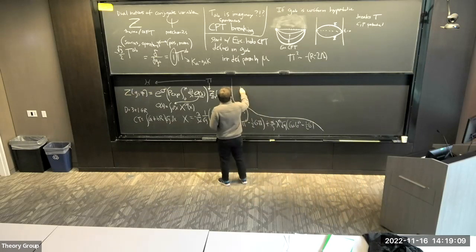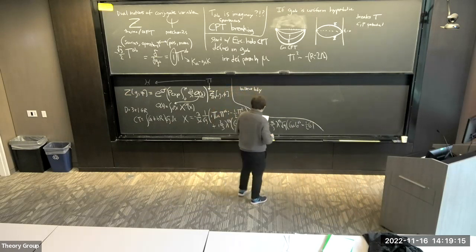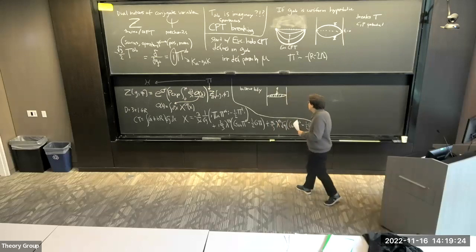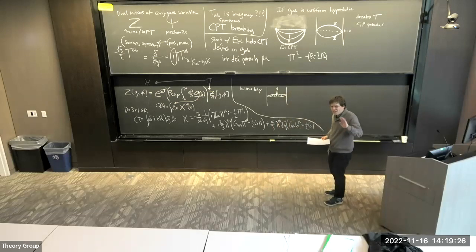So the first map is the bulk to boundary map. Here, I imagine specifying some data on the Cauchy slice, just configuration space data that doesn't need to satisfy any constraint equation.